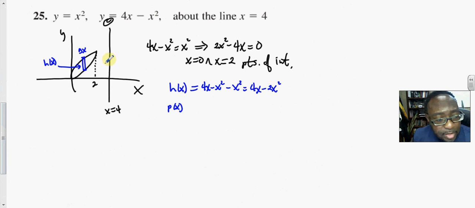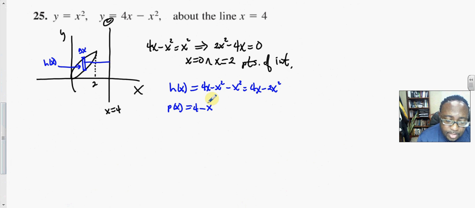P of x goes from x equal to 4 all the way over here to the center of the radius, and that is moving with respect to x. So you have here 4 minus x. That takes into consideration the whole, this empty space. You don't want to calculate that.